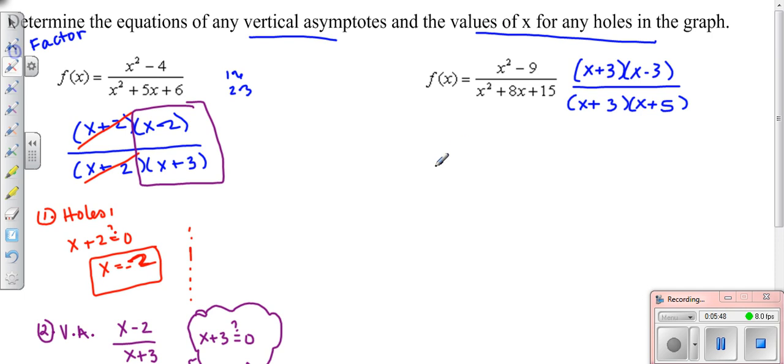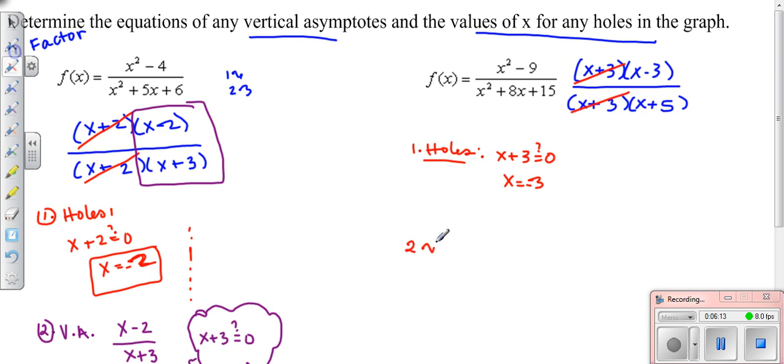So the first thing I'm going to look for are holes. Do I have any common factors? I do. And so where would that common factor equal 0? That would happen where x equals negative 3. So again, somewhere along that line of x equals negative 3, there's going to be a hole.